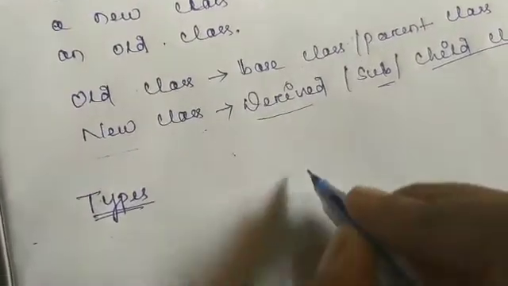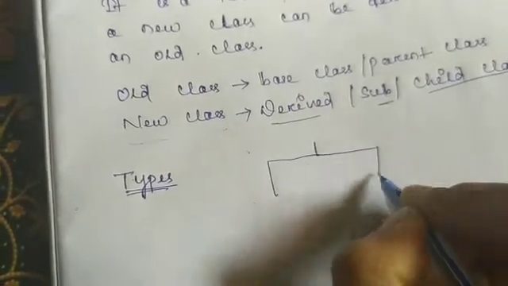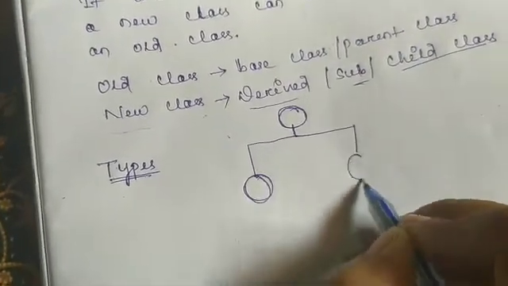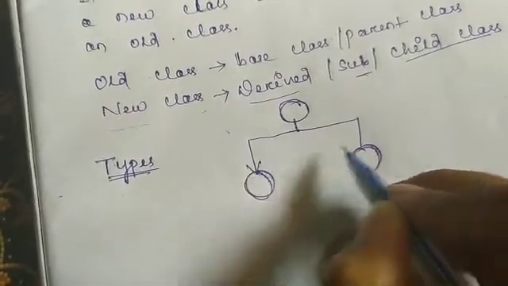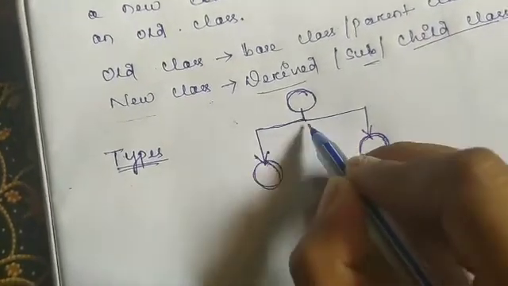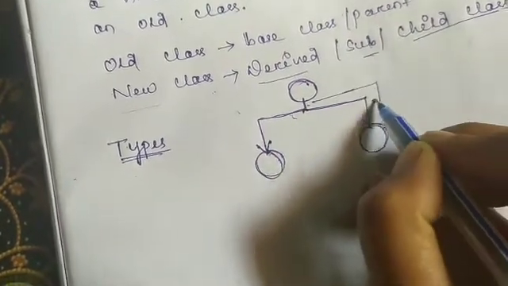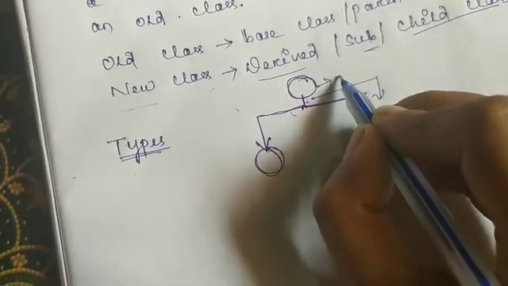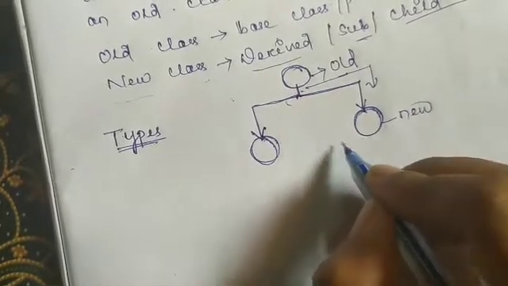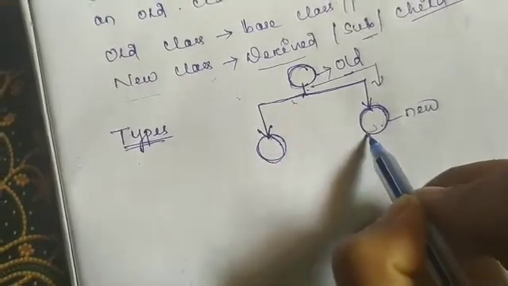Let's take an example like this. Here is one class, here is another class, and this arrow mark means the flow. That means the characteristics flow in this direction. This is your old class and this is your new class, or parent class and child class, base class and derived class.